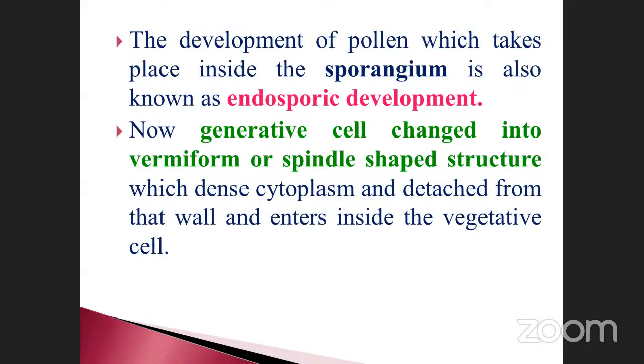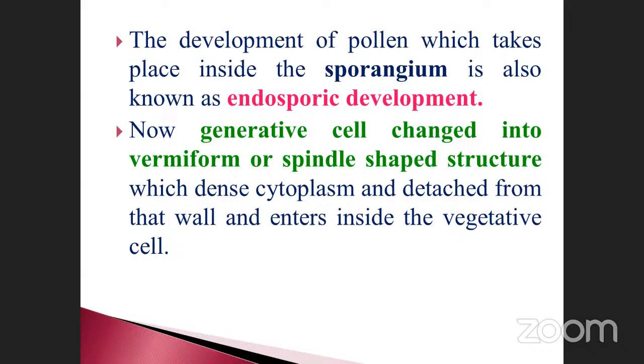The development of pollen, which takes place inside the sporangium, is also known as endosporic development. Suppose the pollen grain development takes place outside the sporangium, what is it called? Exosporic. But here it always takes place inside the sporangium, so it is called endosporic development.